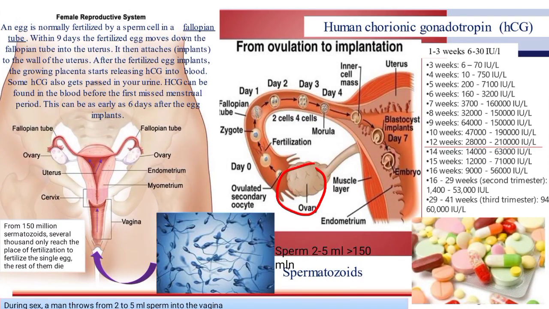The normal fertilized egg, also known as the zygote, travels and reaches the uterine wall, and it happens only during the 6th day, and it starts releasing the human chorionic gonadotropic hormone. During the 12th week of pregnancy, the human chorionic gonadotropic hormone is released at its peak level, and after 12 weeks onward, the amount released starts decreasing.